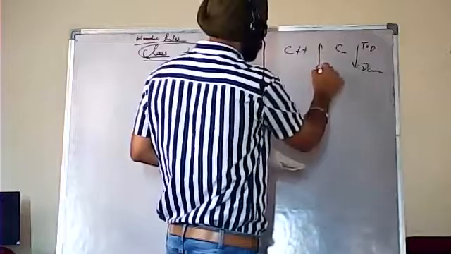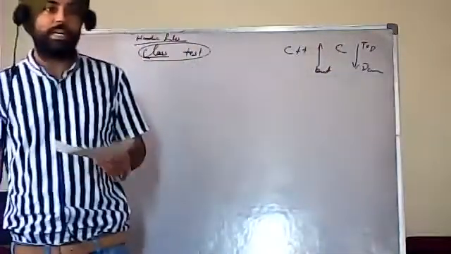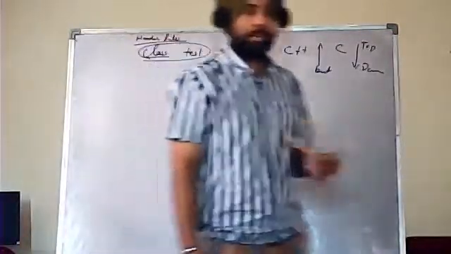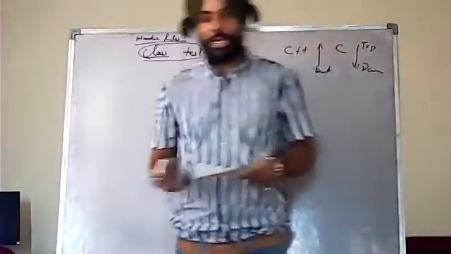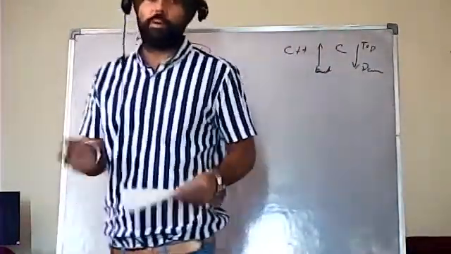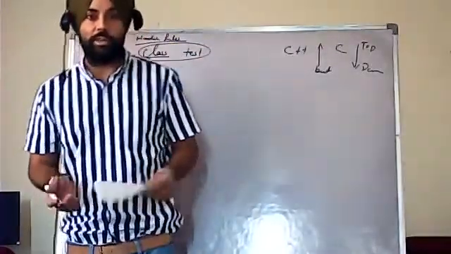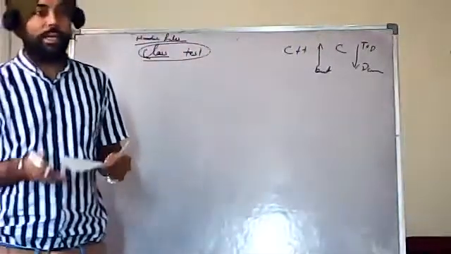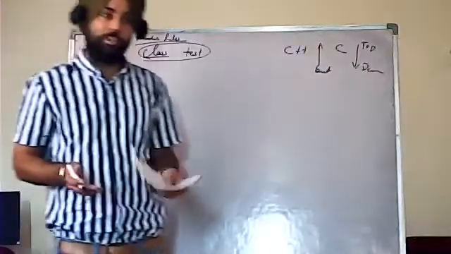Why do we say C is a top down approach and C++ is a bottom up approach? Because in the case of C, we declare our main function at the top, after the header file. But in the case of C++, we write the main function at the end of the program.